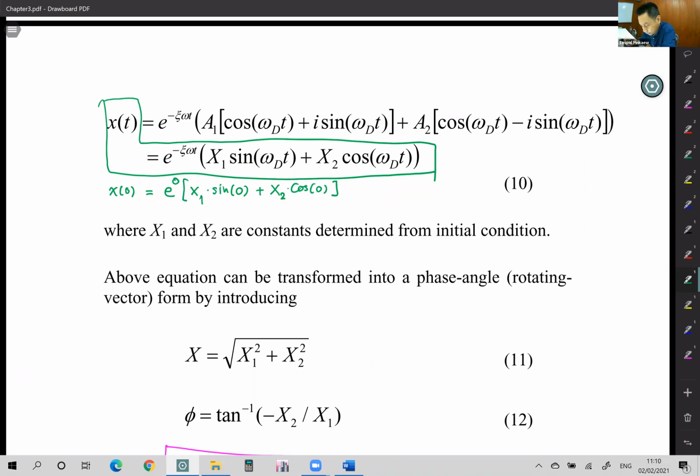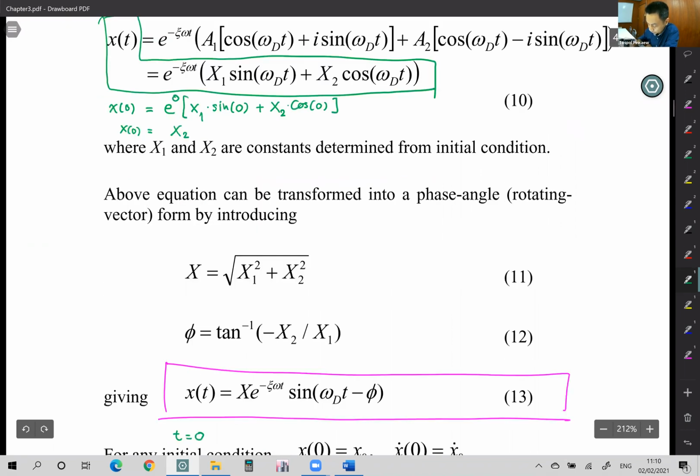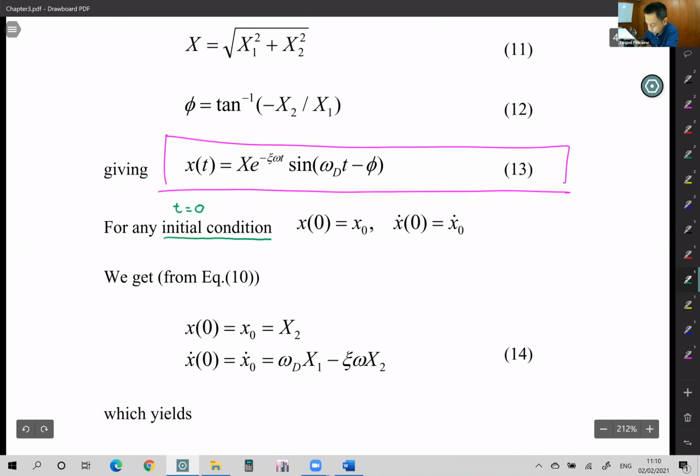And I think you can have x0 equal to big X2. Am I correct? That's why you have the first equation in equation number 14.